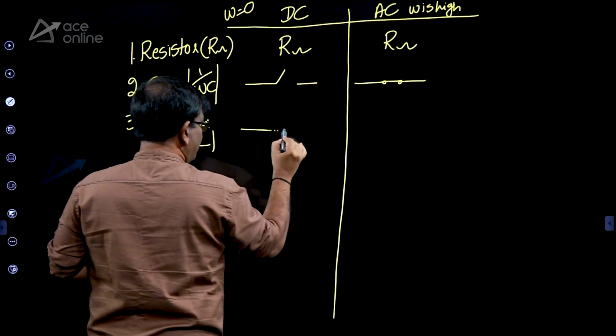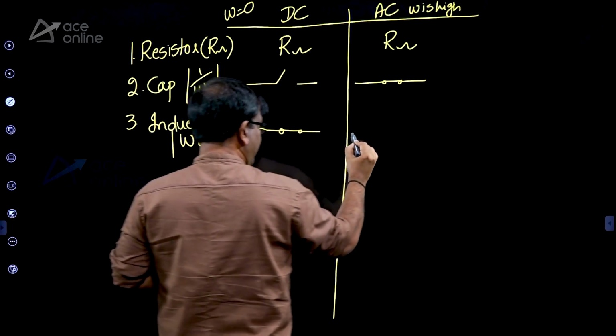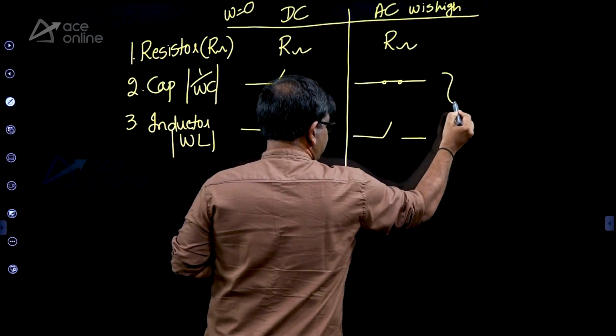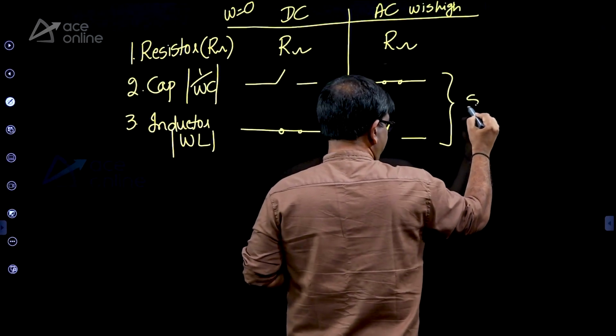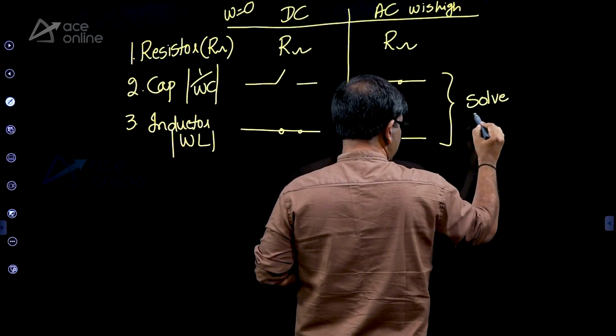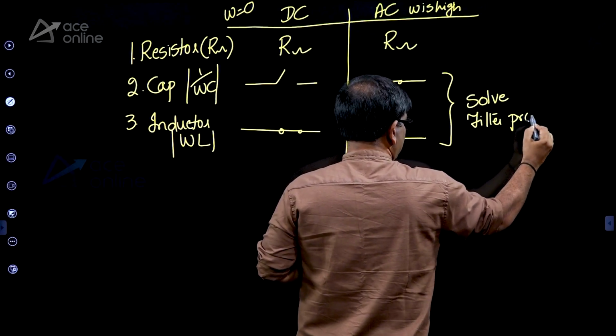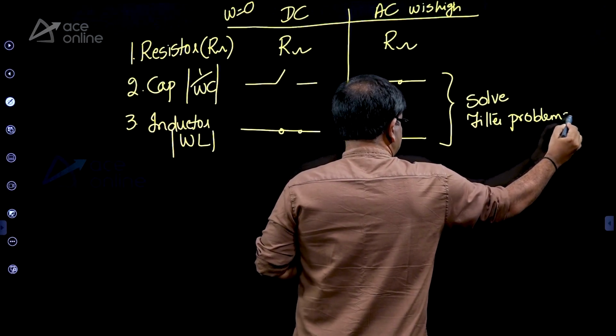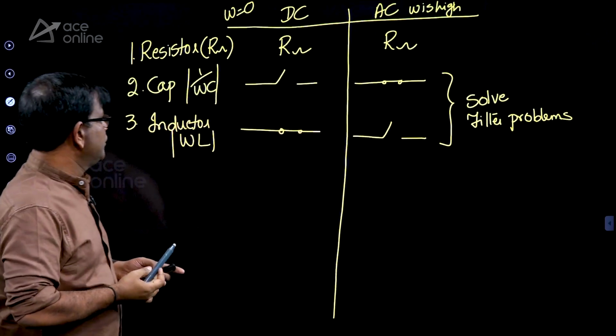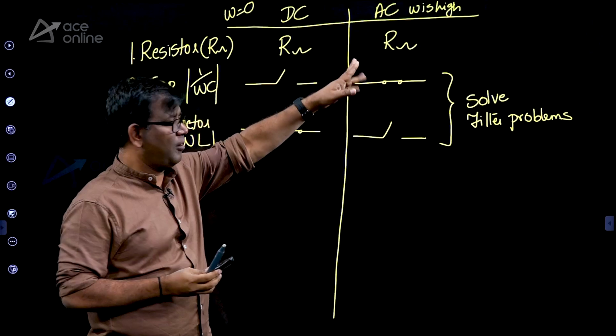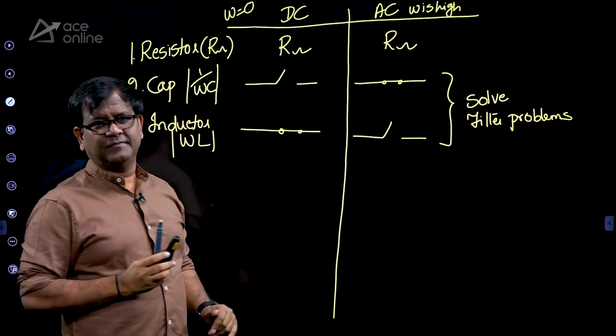For omega 0, you can replace by short here and open here. And with this simple approach, solve filter problems in GATE exam. Okay.